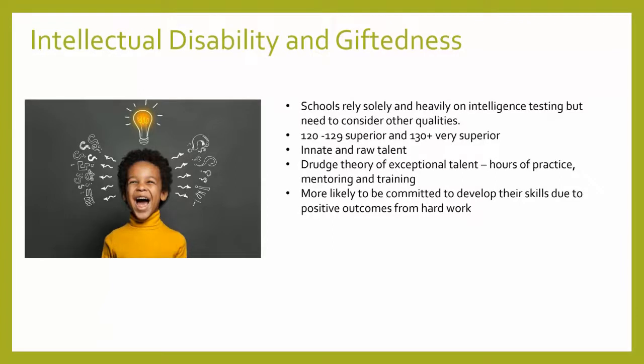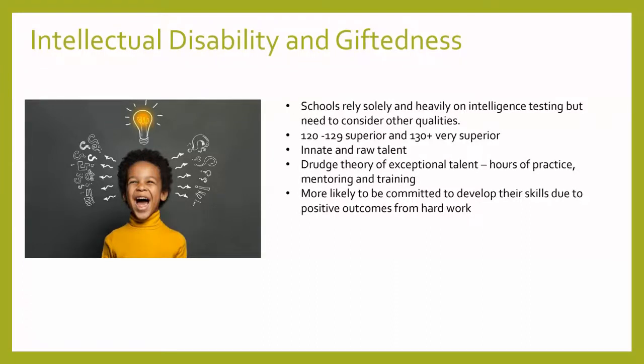Often it's a very innate and raw talent to be gifted, but at the same time, if somebody is gifted, that gifted ability is improved through hours of practice, mentoring, and training. So somebody can be born with an exceptional skill, but it's only through honing that exceptional skill through hours of practice and mentoring and training that you become an exceptional talent.